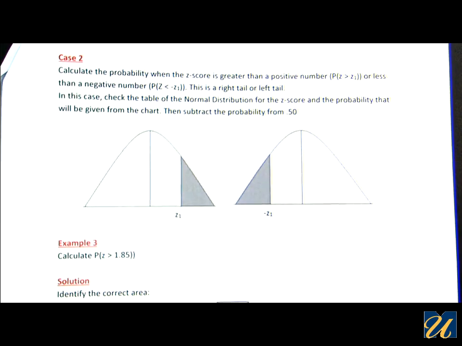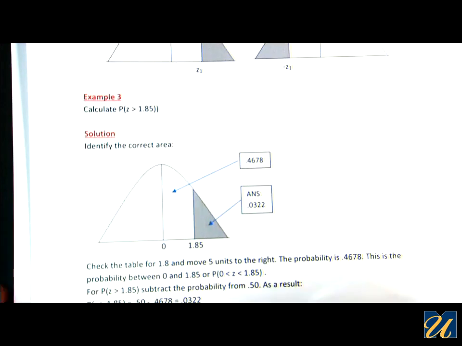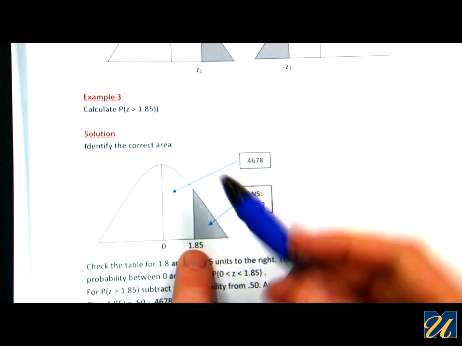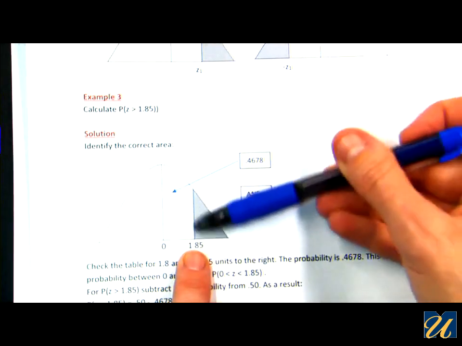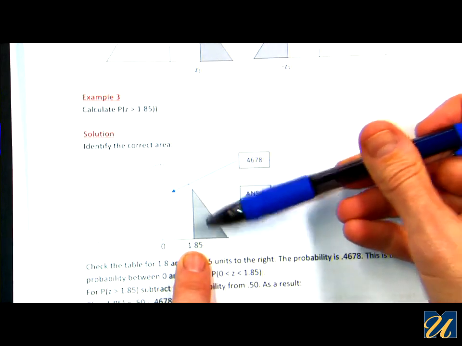Let's look at this example. I'm looking for the probability where the z-score is greater than 1.85. 1.85 is to the right of the mean since it's positive. I'm looking for the area that's greater than 1.85. That means I'm looking for this area right here, as we call it the tail.